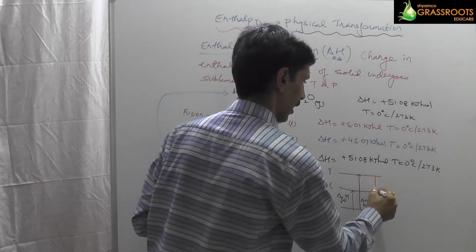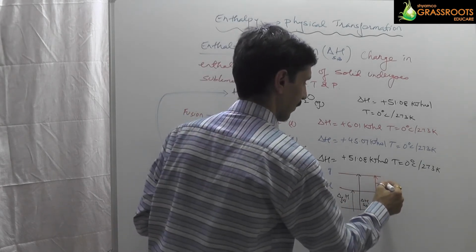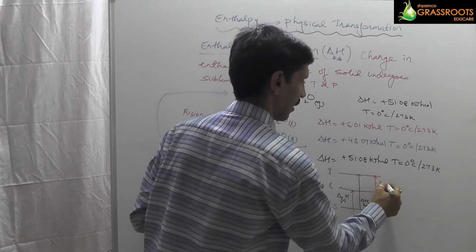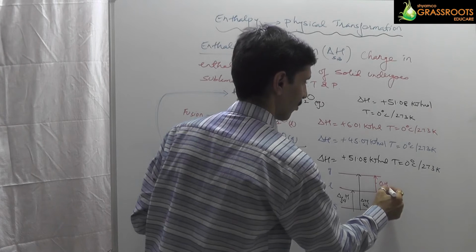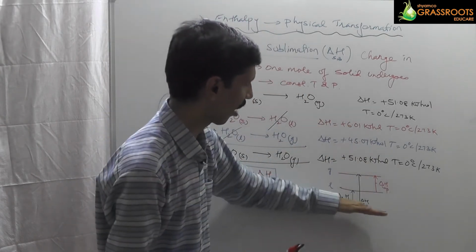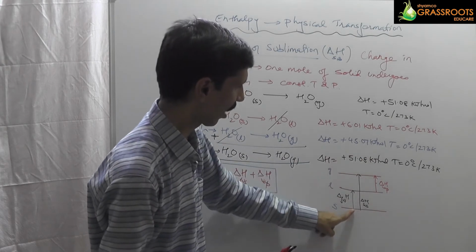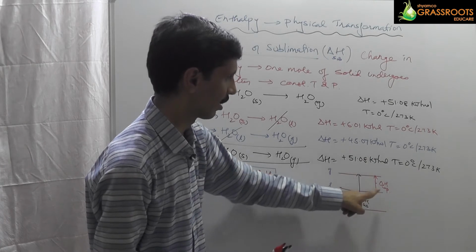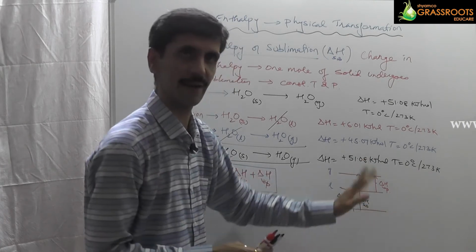When we talk about liquid to gas, that means we talk about vaporization. समझ में आया आप लोग को? Okay, this is what the diagram is. Solid, liquid, gas. Solid to liquid, fusion. Solid to gas, sublimation. Okay, liquid to gas, vaporization.